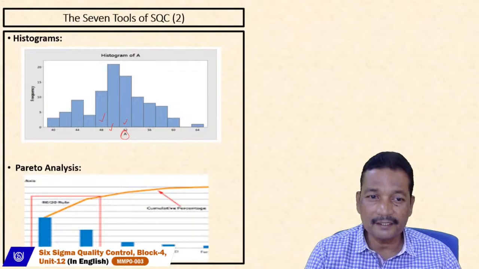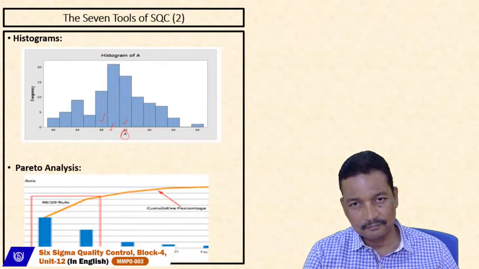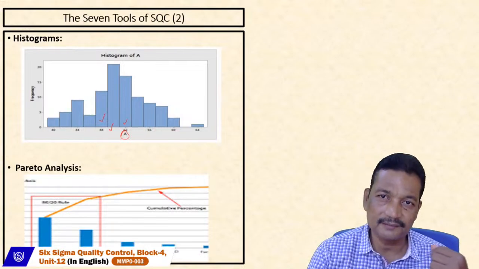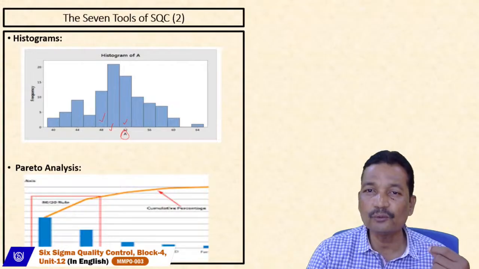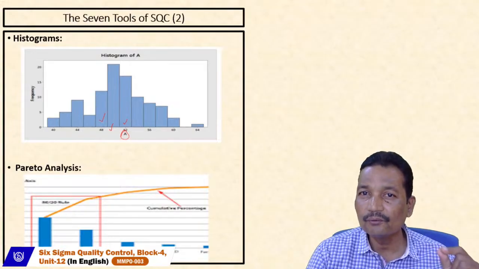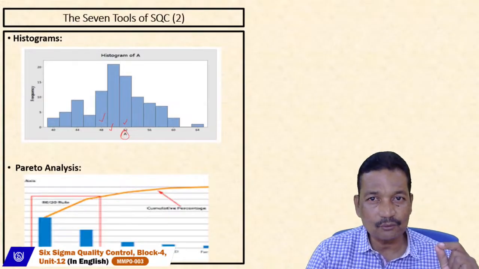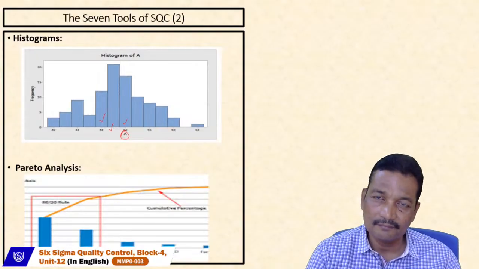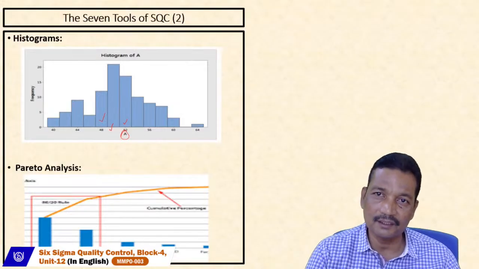So the bottom line of this Pareto analysis is, most of the problem that is occurring in a process may be due to a few things. If we can take out those few things, most of the problem will go away, or maximum problem will be done away with.